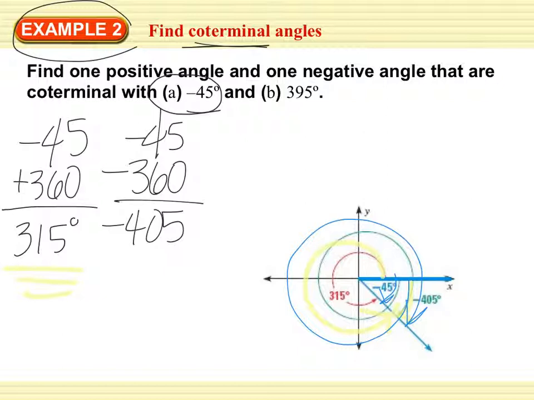Negative 45 and negative 360 gives me negative 405. So this angle and this angle are coterminal with each other. They actually are the same angle, just different direction and different numbers, but the same measurement.